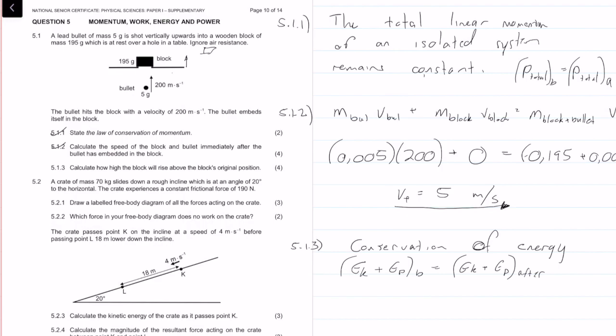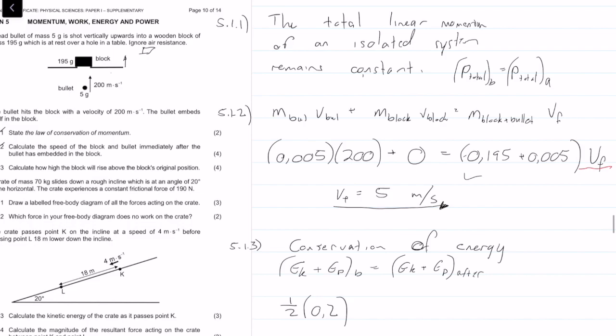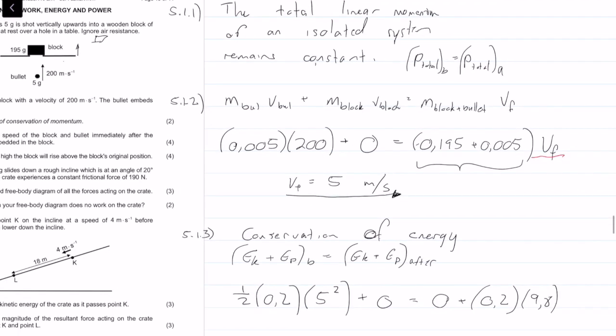So EK is going to be a half times the mass. The mass is the mass of the block and the bullet, so that's 0.2 from this part right here, times the velocity squared, which was the velocity we calculated before, so 5 squared, plus, remember there's no potential energy here, so plus 0 equals, and then at its maximum height the velocity is 0, so there's no kinetic energy, plus the mass again, 0.2 times g 9,8 times the height.